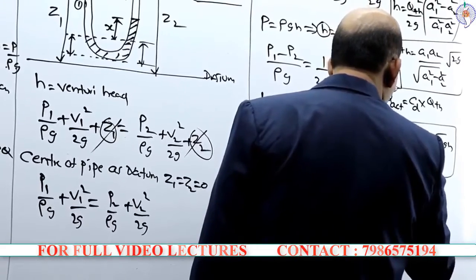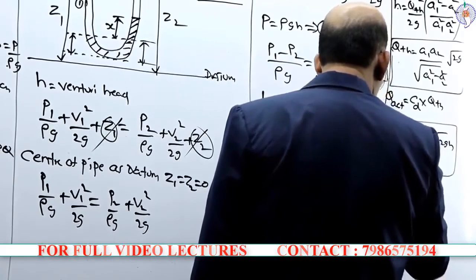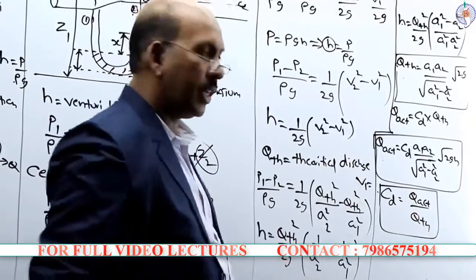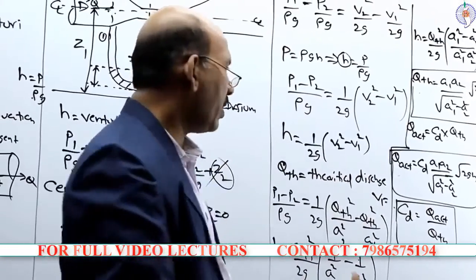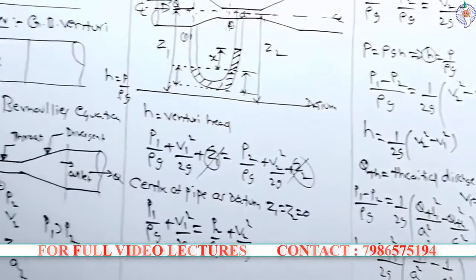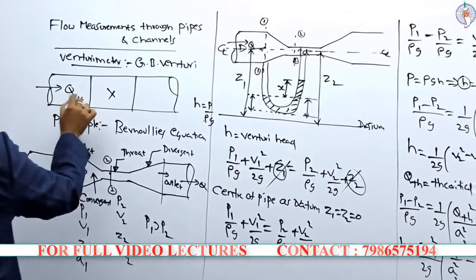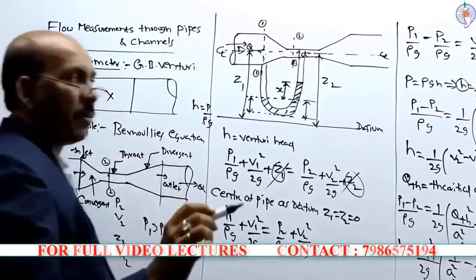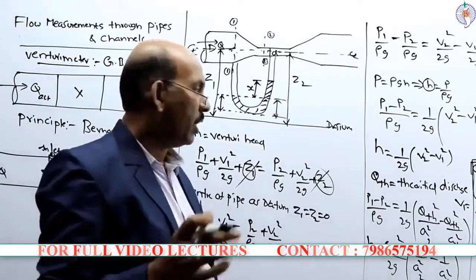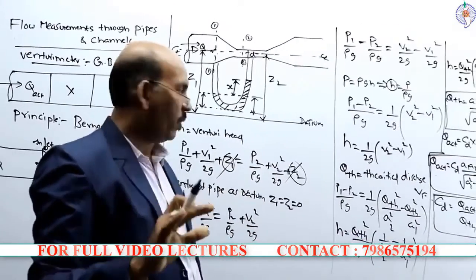The coefficient of discharge is the ratio of the actual discharge to the theoretical discharge. This equation can be used to compute the flow through the pipe, that is, to calculate the value of the actual discharge.